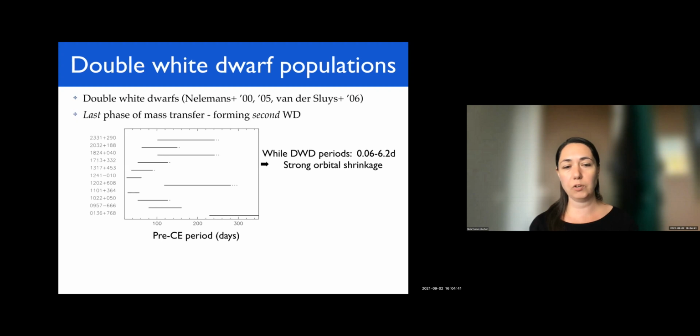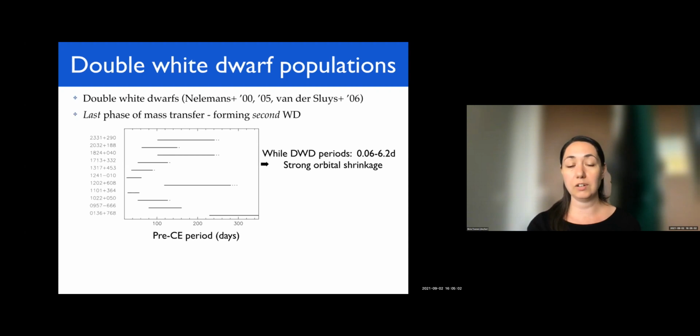And you see that we have periods of the order of 100 days, while the observed double white dwarfs have periods of something like a day or a fraction of a day. So this is showing you that strong orbital shrinkage that we expect from common envelope evolution, but it's quantifying that effect. So I think that is nice from this method.